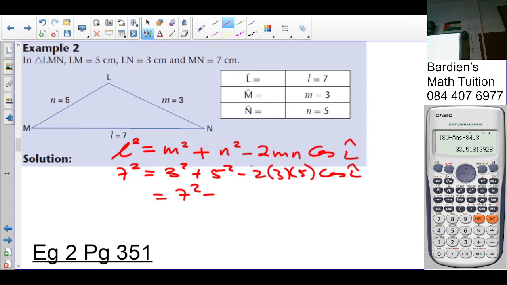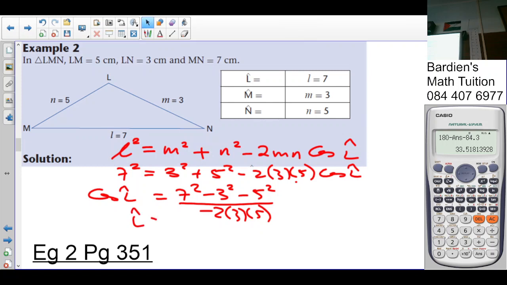So cos of L is 7 squared minus 3 squared minus 5 squared over negative 2 times 3 times 5.